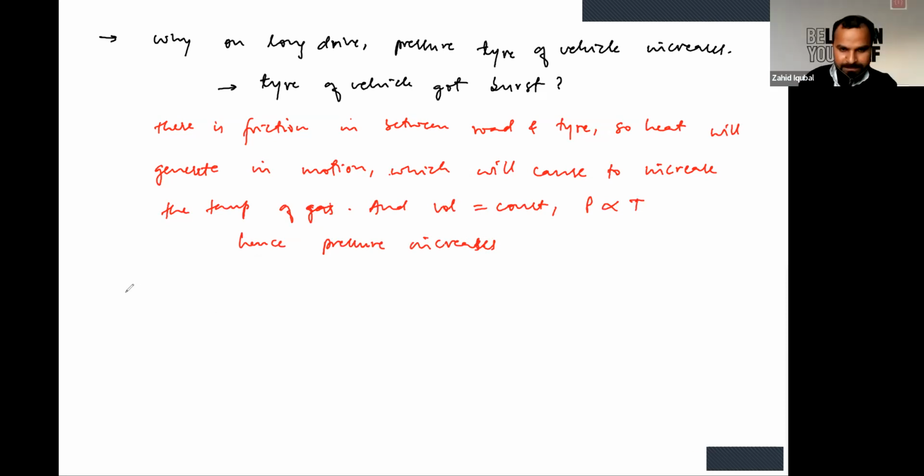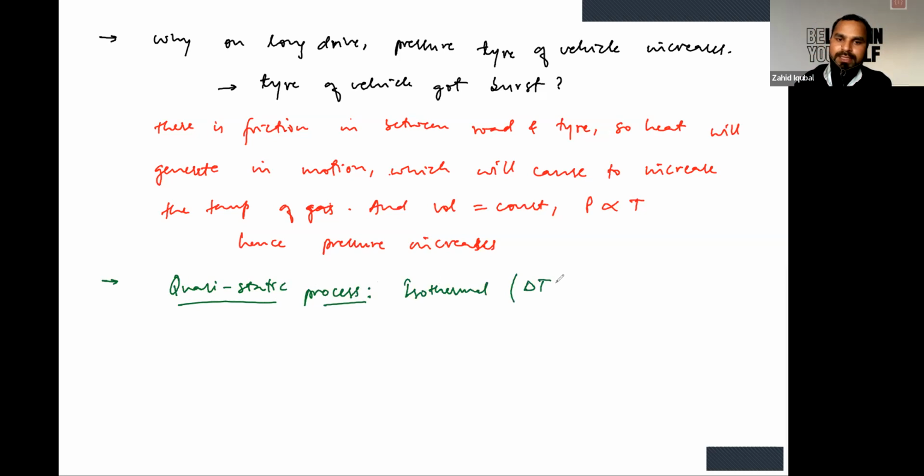The next question will be: we may define two different processes, isothermal and adiabatic, on the basis of their rate of action. One is the quasi-static process. If a process is carried out very slowly, so that it almost acts as at rest, then it is termed an isothermal process.